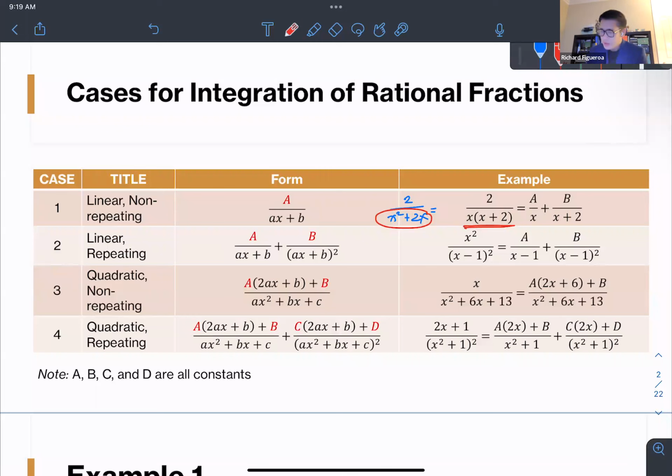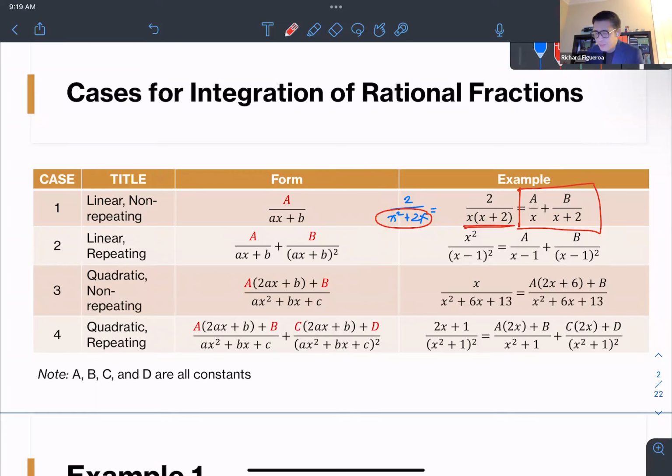Okay, so when we say partial decomposition, this is what I'm referring to. We are going to decompose to its equivalent partial fraction. The first thing is we need to take a look at the factors, and the number of factors will determine the number of terms for non-repeating.